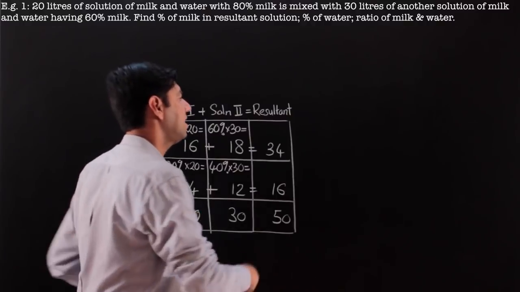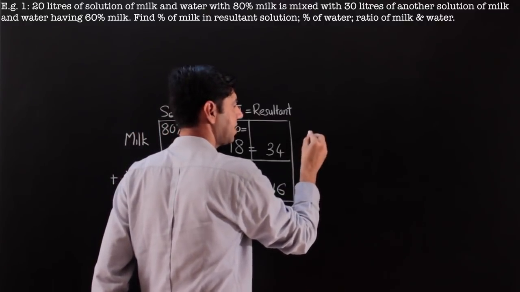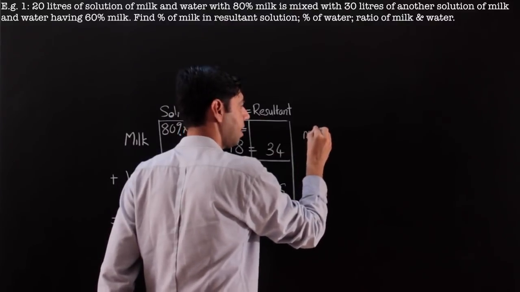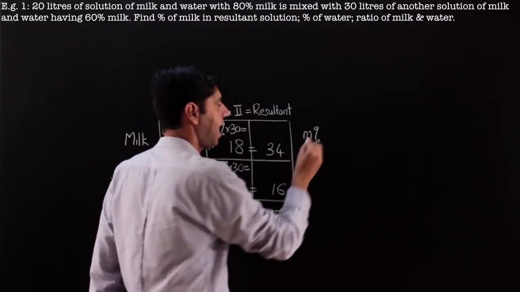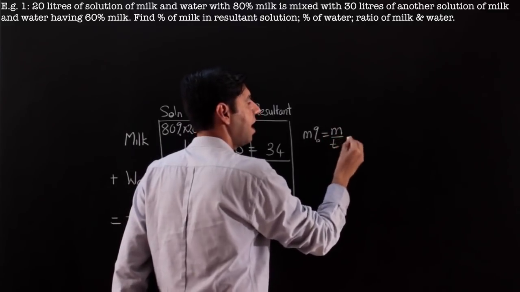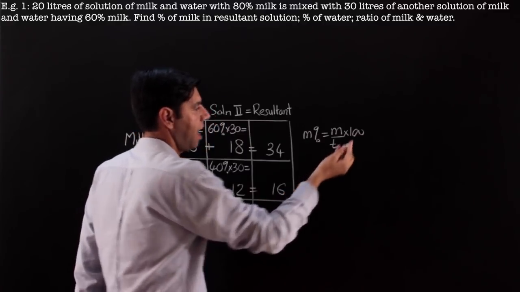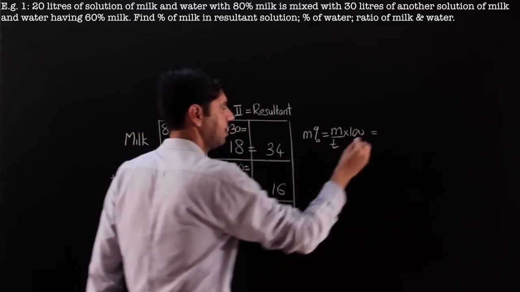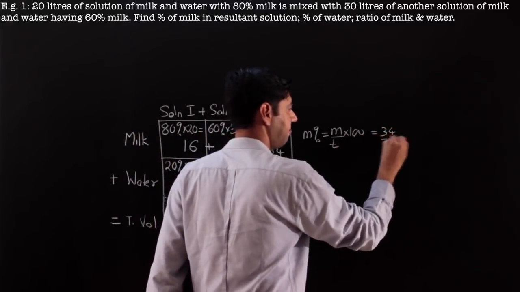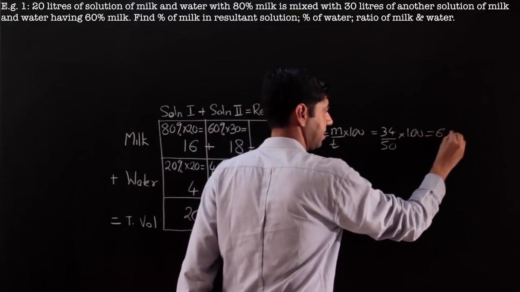The question is asking us, let's say, the percentage of milk. So if the question is asking us milk percentage, I know it is nothing but milk to the total into 100 to write it as a percentage, which I could do from this table as nothing but 34 by 50 into 100, which is nothing but 68%.